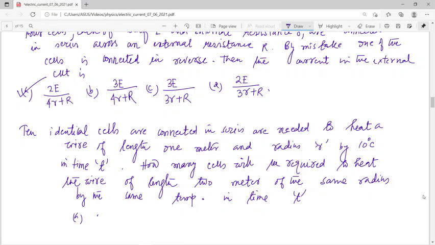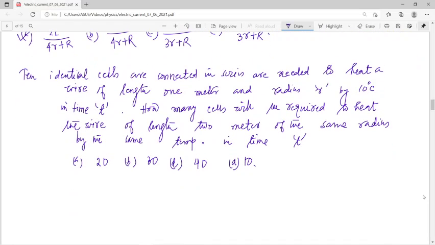Option A is 20, B is 30, C is 40, and D is 10. So what should be the answer of that?